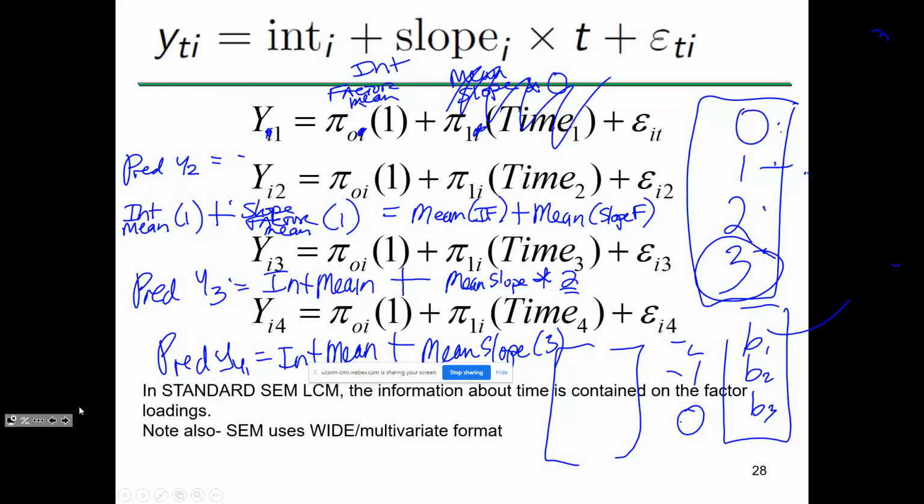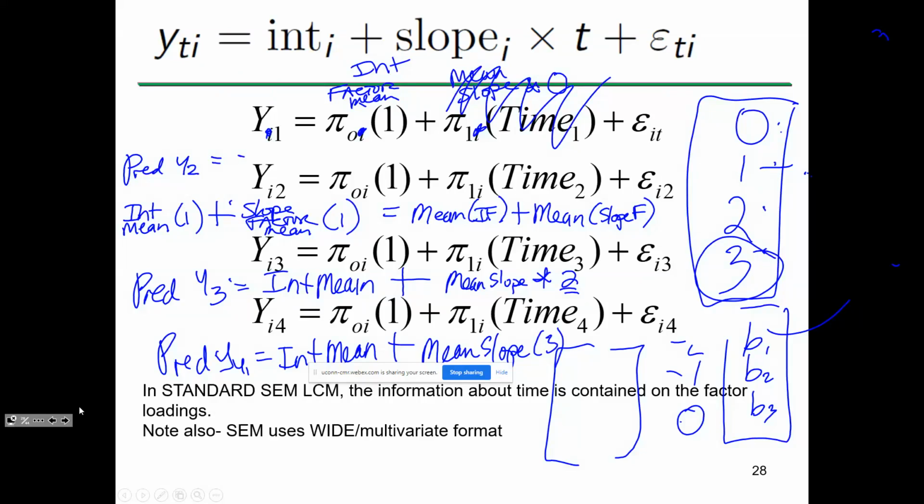And with these standard models, we're not estimating any factor loadings because they're all constrained. All the intercept ones are constrained to 1, and all the slope ones were constrained to 0, 1, 2, 3. So I don't need to count those, right? So I've got, what have I got? 7, right? So I've got 7 parameters on the variance covariance side.